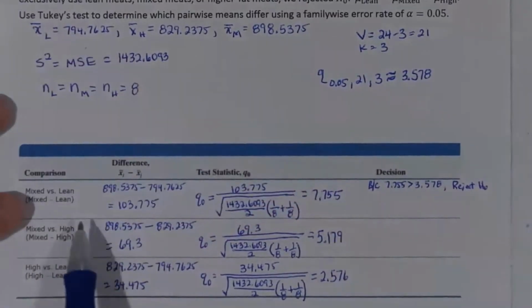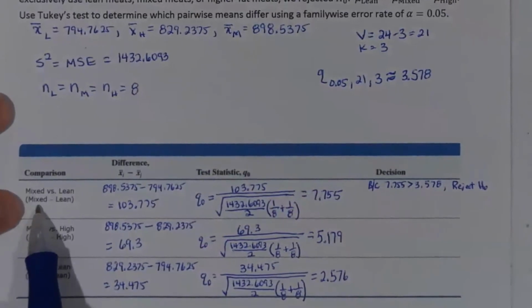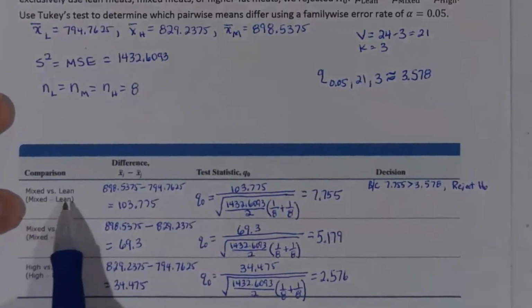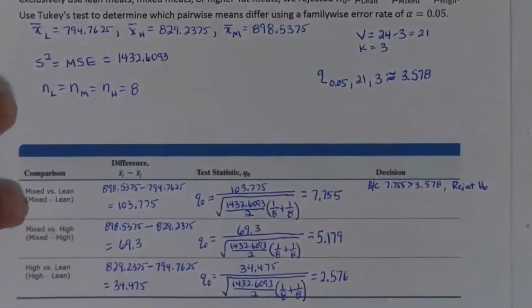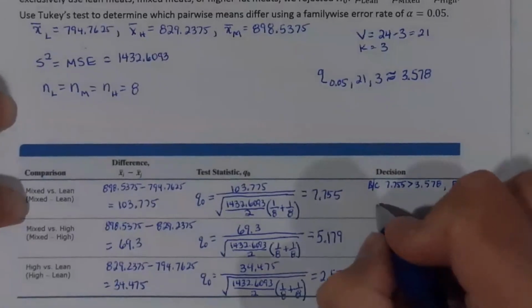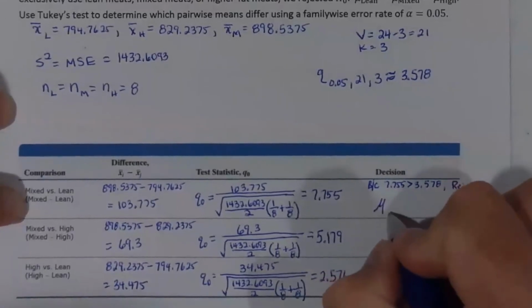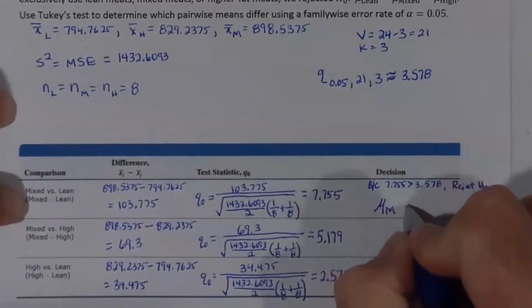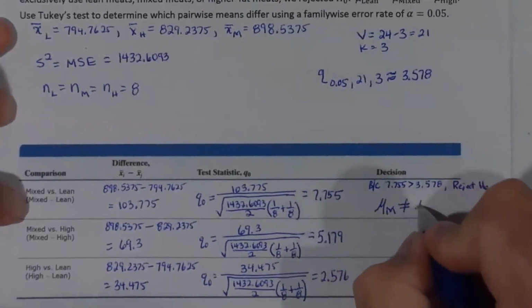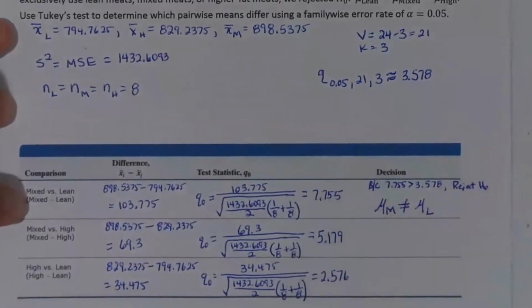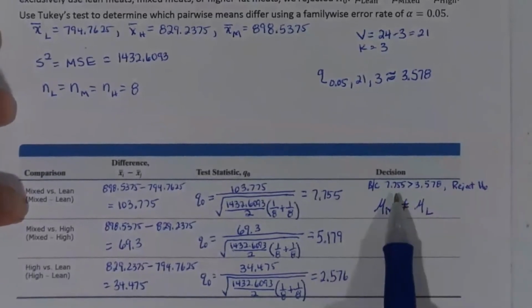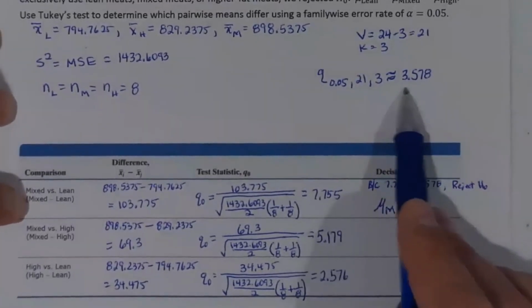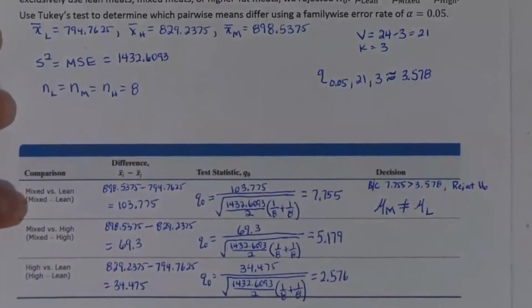And the null hypothesis is that the mean of mixed meats equals the mean of lean meats. So we're rejecting that mixed meats equals lean meats. So our conclusion is that the mean of mixed meats does not equal the mean of lean meats. And again, that's my conclusion because our test statistic is bigger than our critical value.